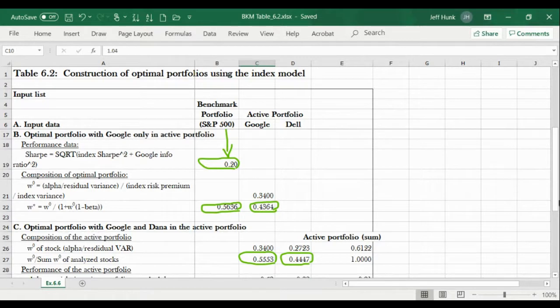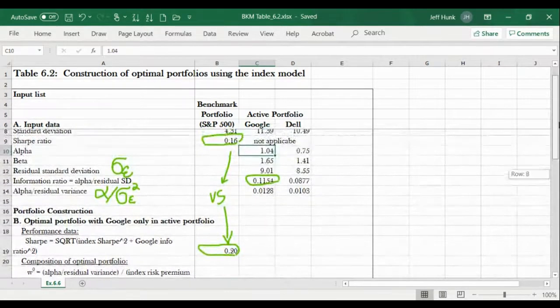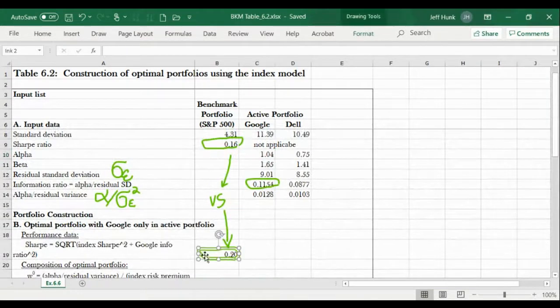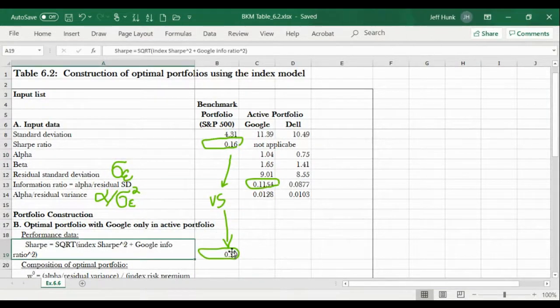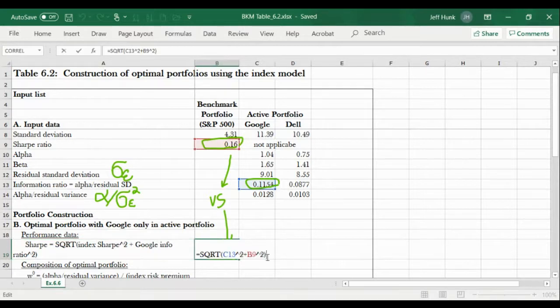If you do that exactly, that's what is done here. You will see I took the square root of that.